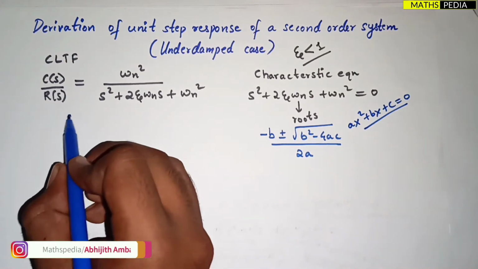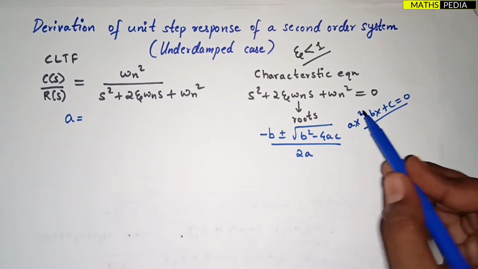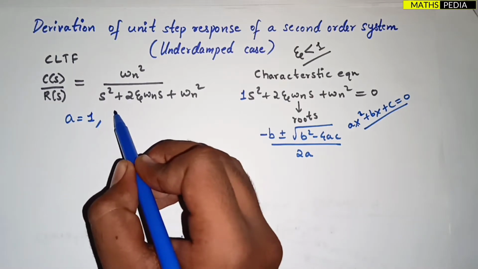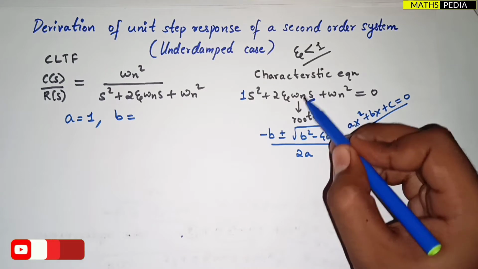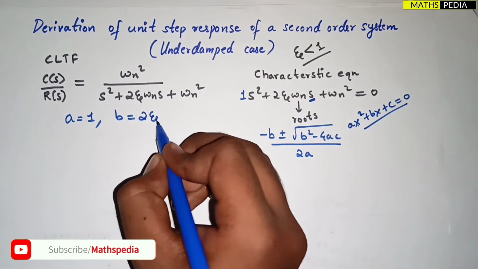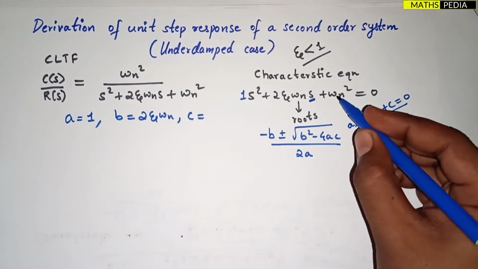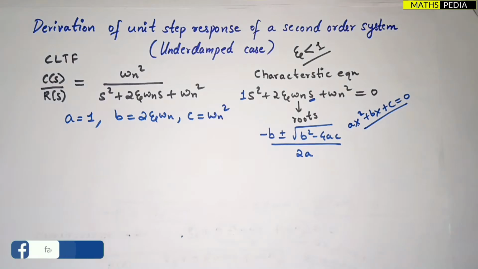Here x square is s square, so a will be 1. Now what will be b? s is there, the rest will be b, so b is 2 zeta omega n. Then what is c over here? Observe carefully, c is omega n square, the whole thing, not omega n, it is omega n square.